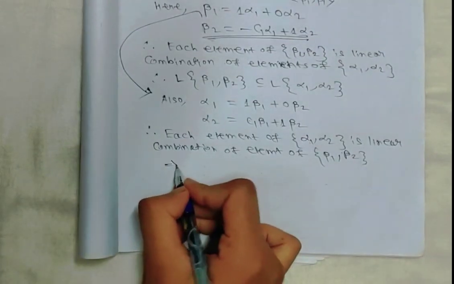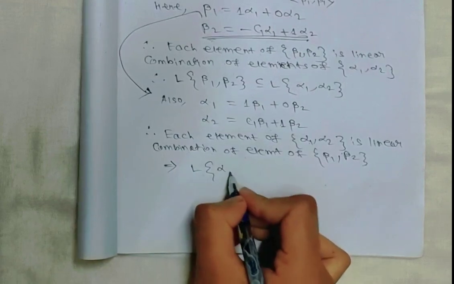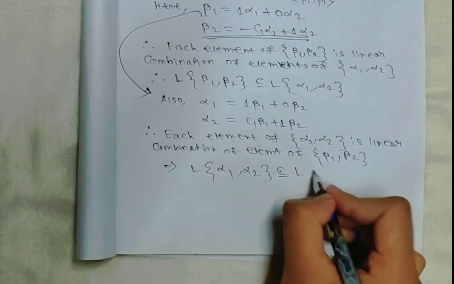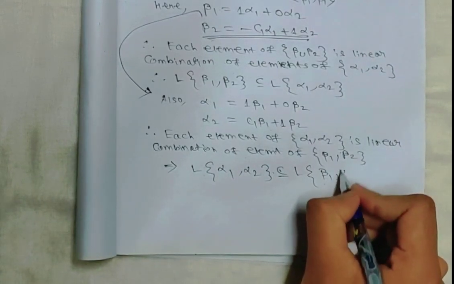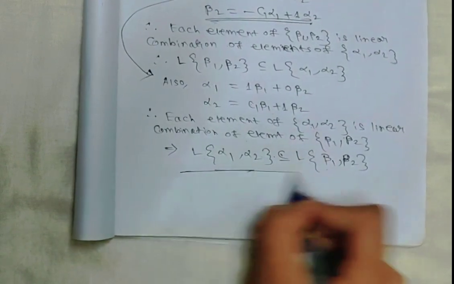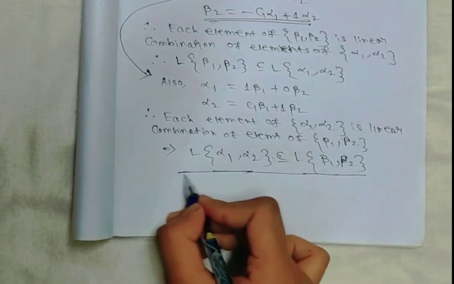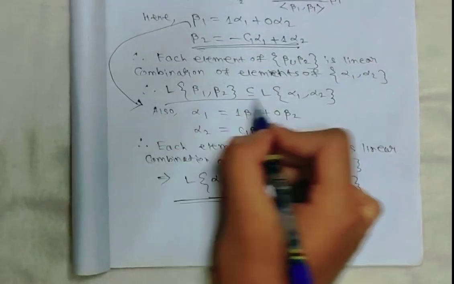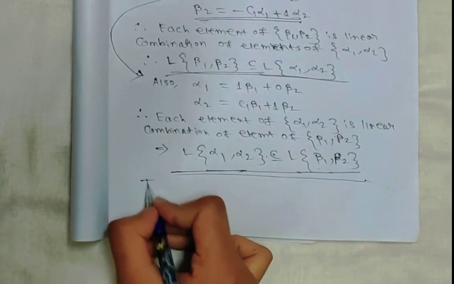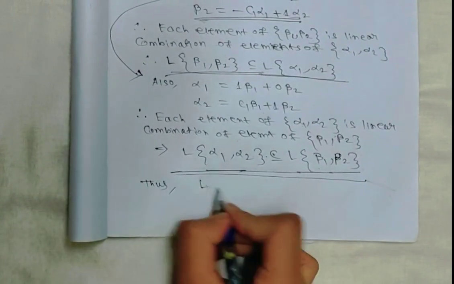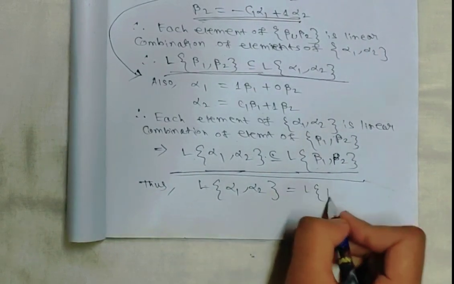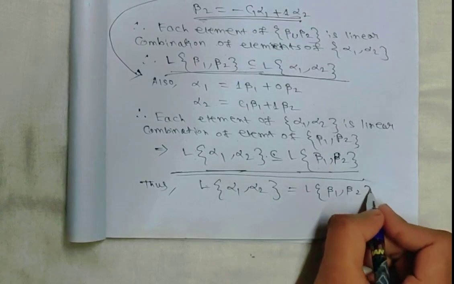That implies the linear combinations of alpha 1, alpha 2 are contained in L of beta 1, beta 2. So we have shown that L of alpha 1, alpha 2 is contained in L of beta 1, beta 2, and L of beta 1, beta 2 is contained in L of alpha 1, alpha 2, that is, L of alpha 1, alpha 2 equals L of beta 1, beta 2.